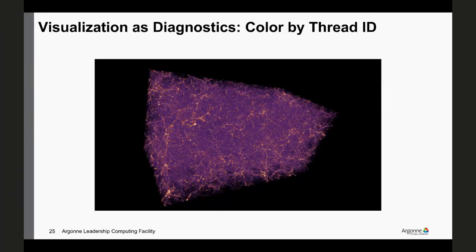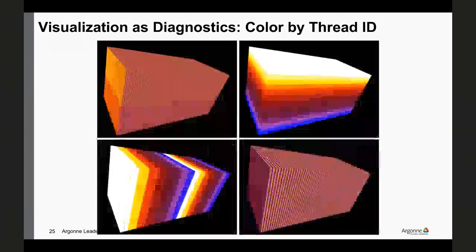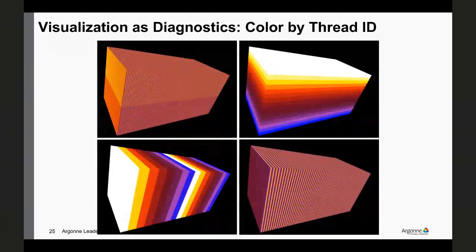And so what we did was, here we're coloring the data by the values they're finding in the data set. In this case now, what we're doing is coloring the value by the ID of the thread that's working on that particular voxel of data, right? And so you can see that by changing the way that we're assigning the threads, the data gets laid out completely different.